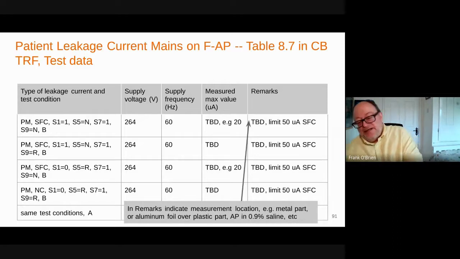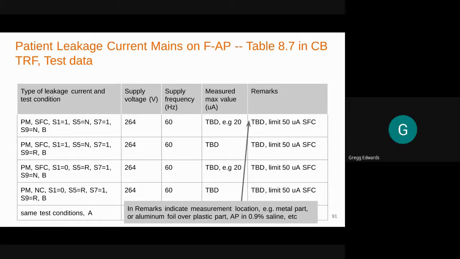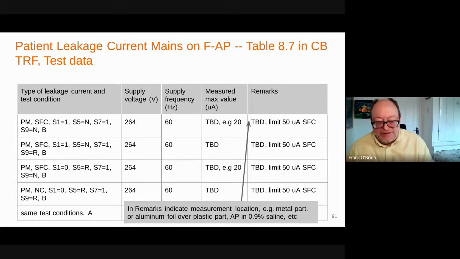You're allowing an opportunity for it to all go down the patient who's earthed, and you're verifying that that's not going to be an issue. Yes, absolutely. So for patient leakage to earth, with the patient normally earthed, it's okay to open the earth. But when the patient's at mains, that's a single fault. So that's the common sense way to think about it.